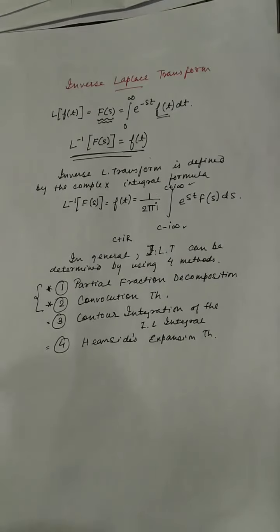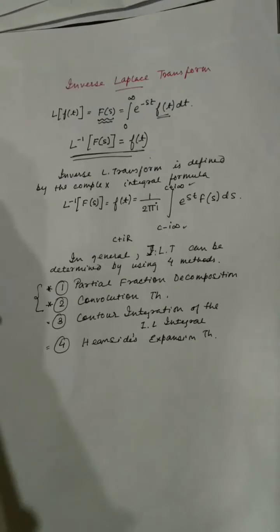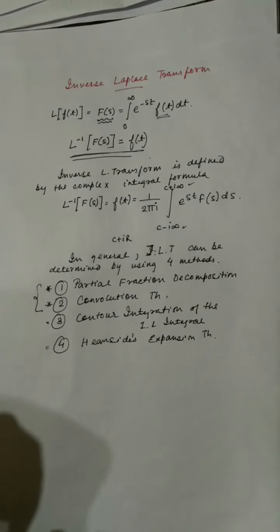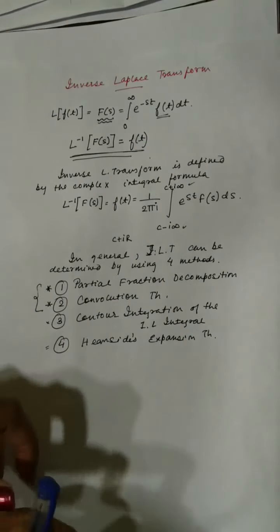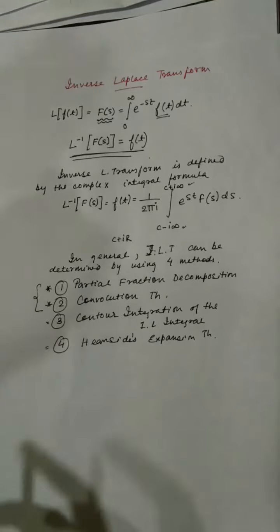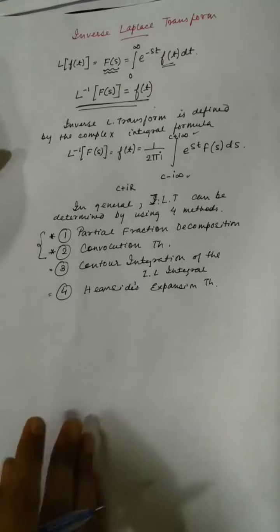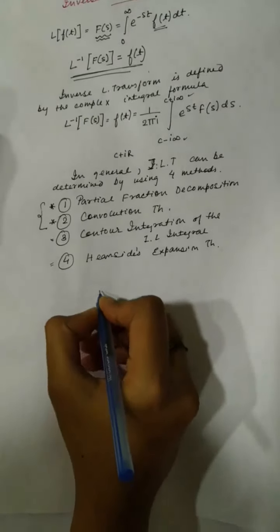Before understanding this method, obviously we know how to decompose into partial fractions, but before getting into the method in detail, I would like to recap a few important formulas which we had already studied in Laplace transform, okay? And we want to find the inverse Laplace, so let's have a look at the important formulas.